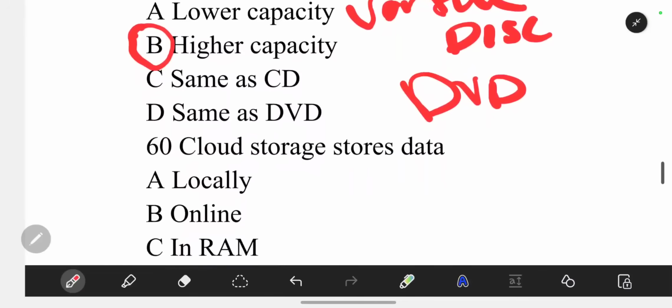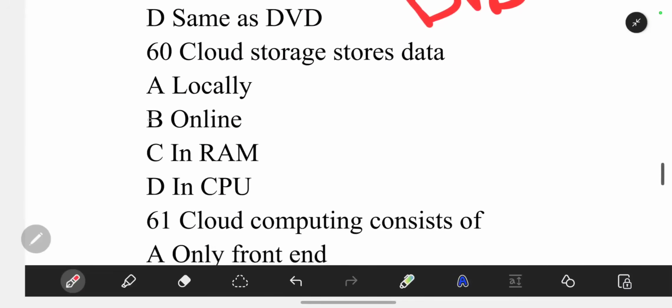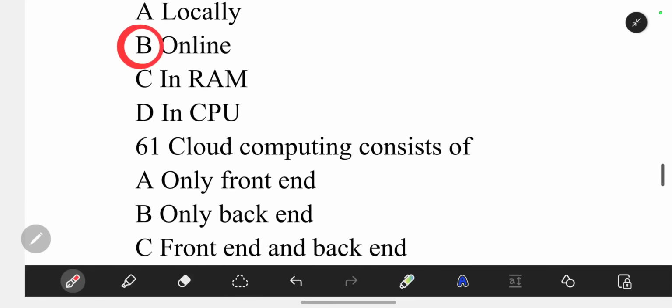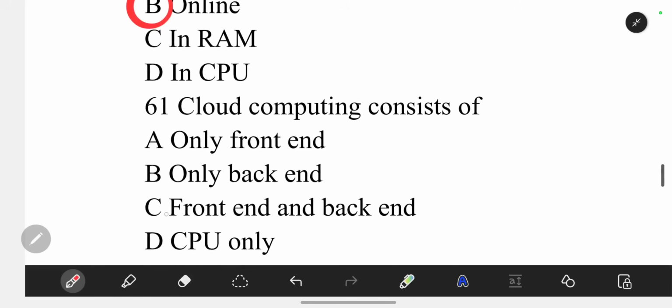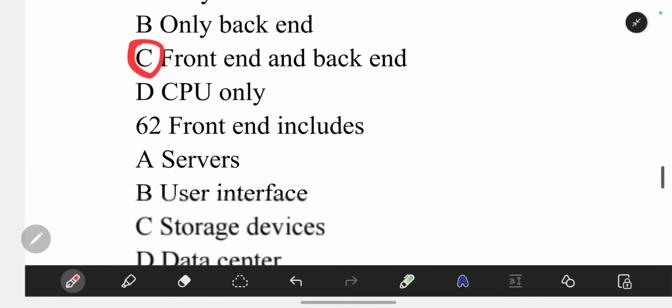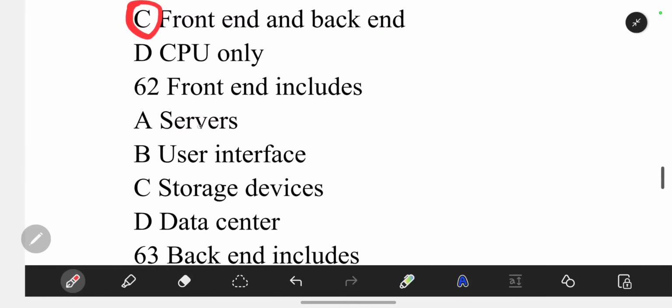Let's look at our number 60. Cloud storage stores data. We have talked about this, so it is online. Then our 61, cloud computing consists of the front end and back end, which we are going to explain. Front end includes the user interface.